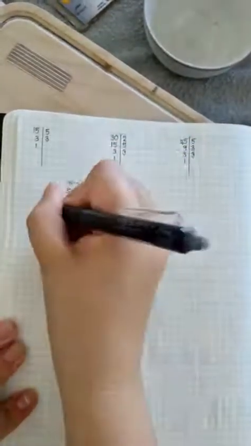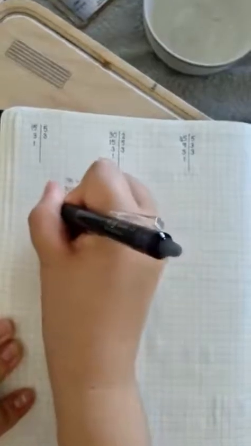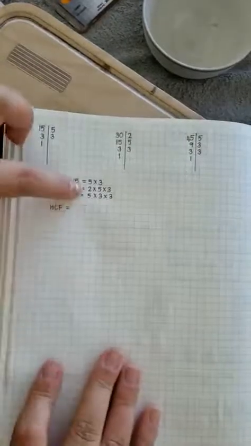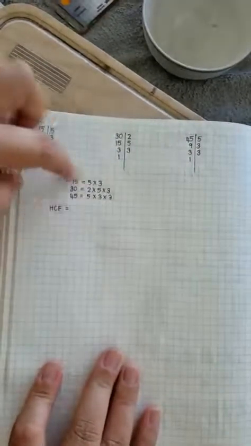Okay, now when you're finding the HCF, that's what we're going to be doing first. If you're trying to find the HCF of 3 numbers, you need to find factors that are in all 3. So if we are looking at these 3 numbers, I'm just looking at the 2, for example. There's a 2 in 30, but not in the others.